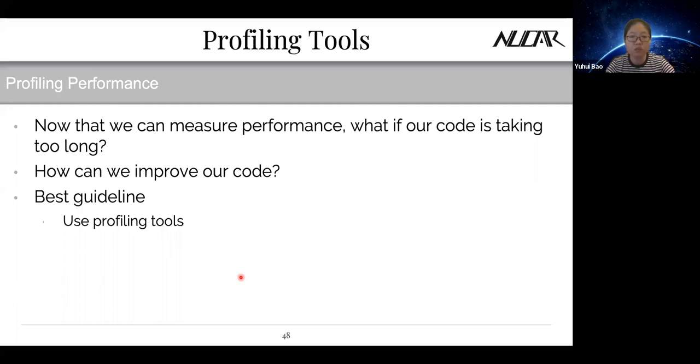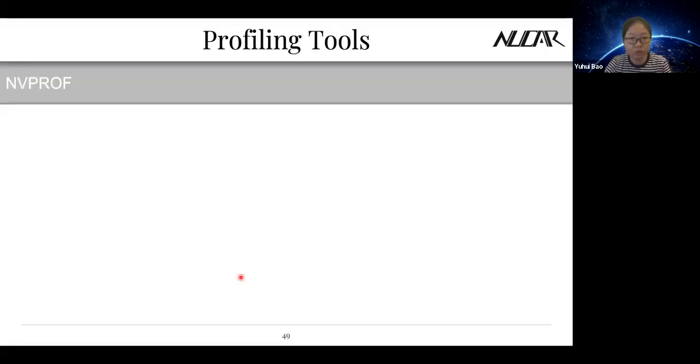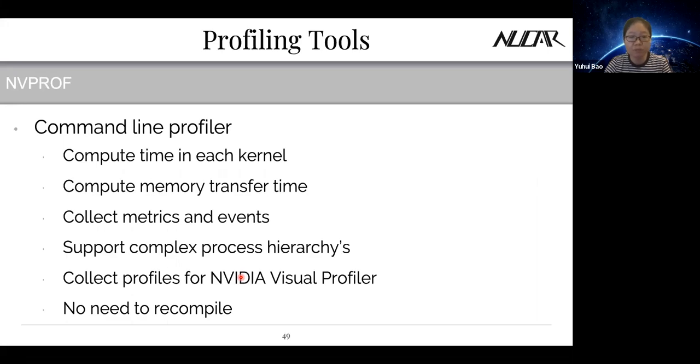We have more tools to measure the performance using different metrics. So I will briefly introduce the command line profiler we will use tomorrow. It can give you the computation time for each kernel, also the time for memory transformation, and it will collect other metrics.